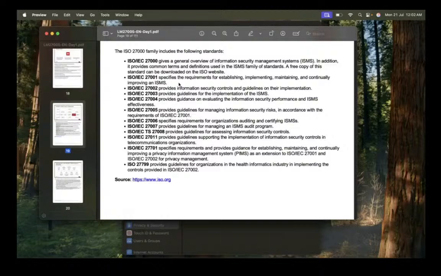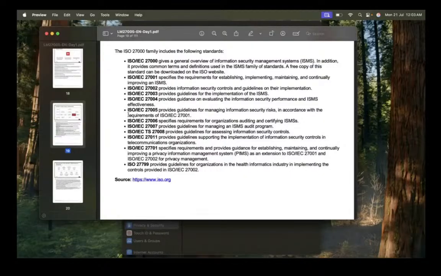These all are relatable, but the one that we are going to focus on will be ISO IEC 27005, which provides guidelines for managing information security risk in accordance with the requirements of ISO IEC 27001.